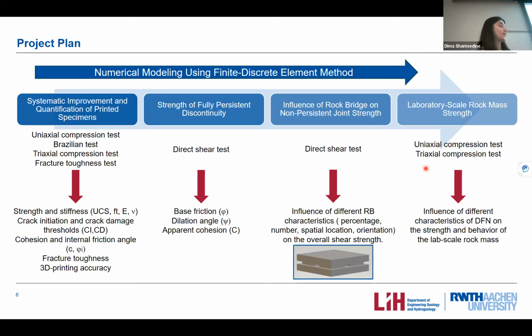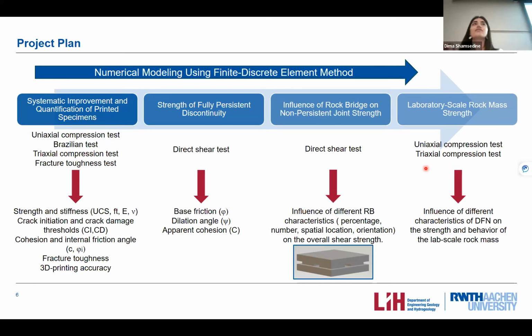And finally, after understanding the behavior of the intact material and after understanding the behavior of joints and discontinuities using the synthetic material, we are able to combine both in the last work package, which is the fourth work package, in which we will be able to print a cylindrical 3D printed rock mass.